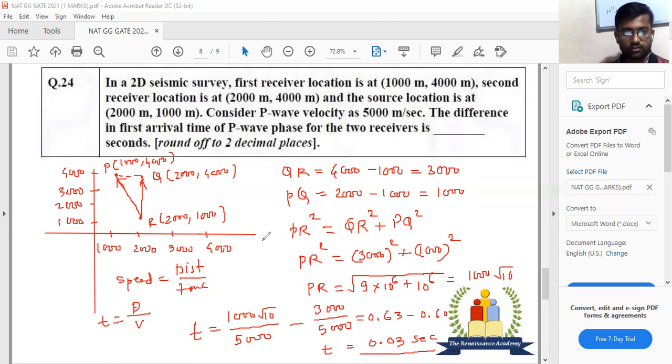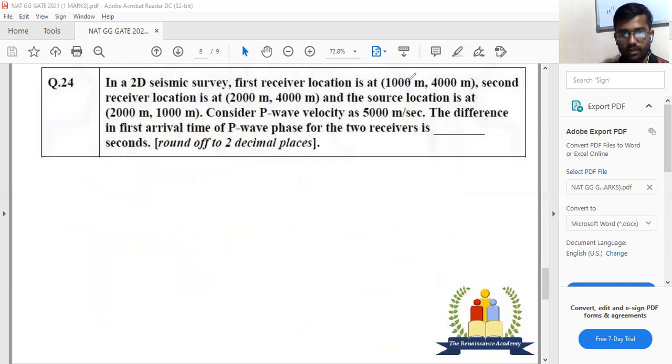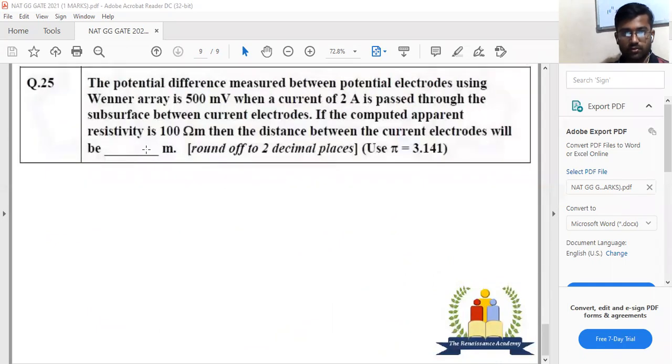Then moving on, next question. Question number 25, based on Wenner's array.